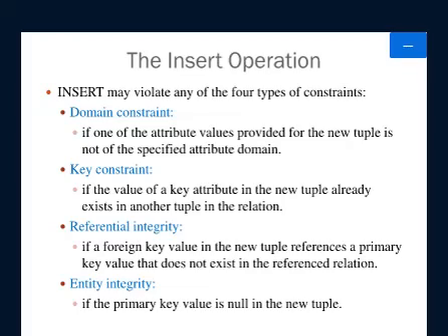For example, there are only three departments: department 1, department 2, department 3. But when I am performing the insert operation in the student table, which is related to the department table, if I enter department value 4, which is not there in the department table, then we are violating the referential integrity constraint.